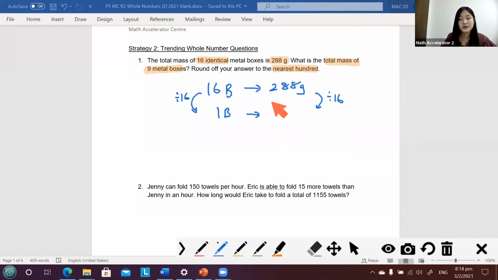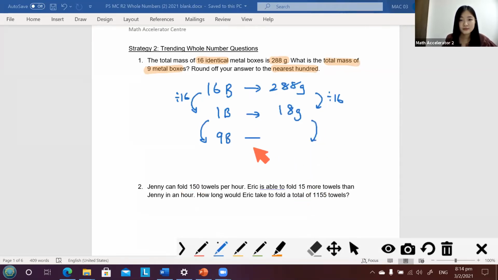Okay, thank you. 18 grams. I think some of you typed wrongly in the calculator. You type again, 288 divided by 16, you should get 18. Okay, so what's the total mass of 9 boxes? So we have 1 already. How to find the 9?